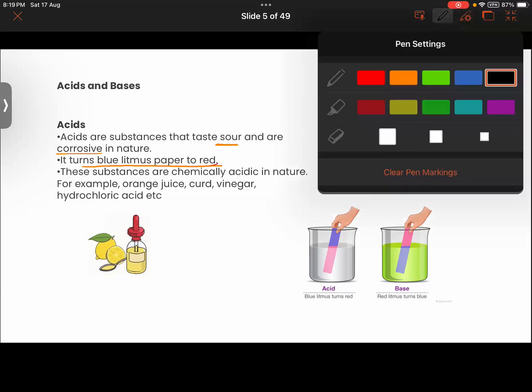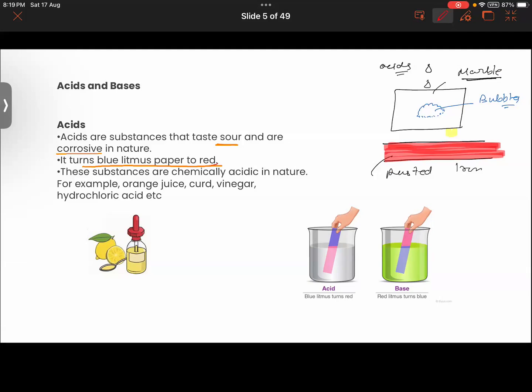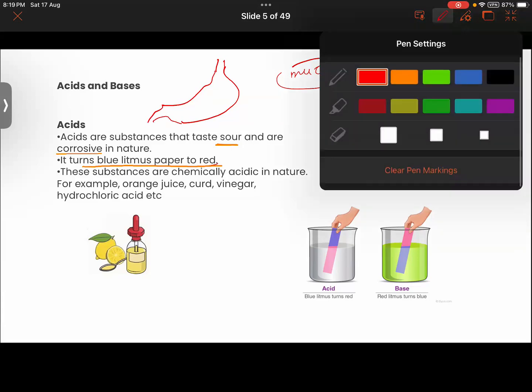You see, in response to neutralize the impact of our gastric acid, hydrochloric acid, mucus is secreted in our stomach. Mucus is not skin. It is one of the juices secreted by the inner lining of the stomach.